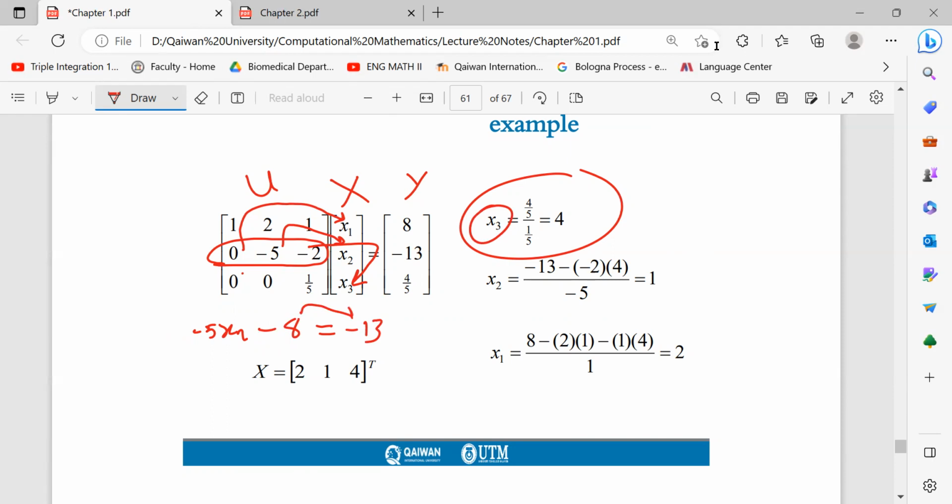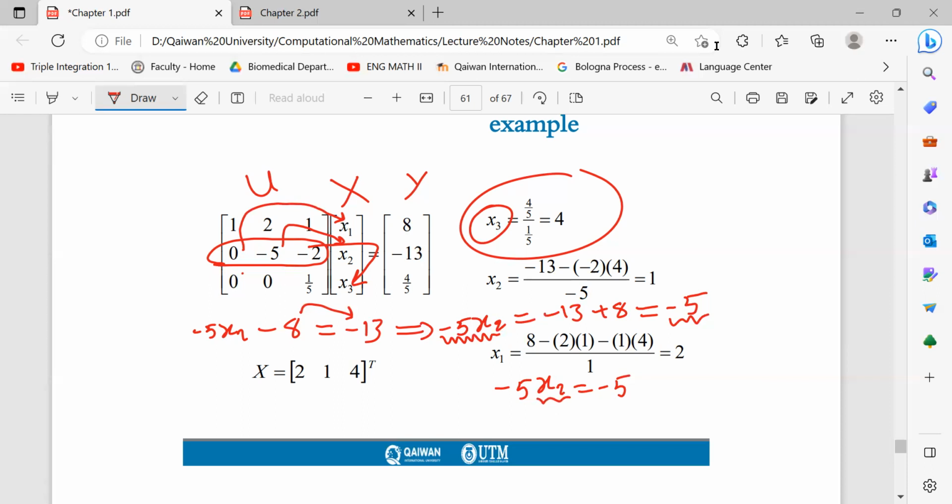Now, we move this to the other side. If we move it there, we get minus 5x2 is equal to minus 13 plus 8. What's minus 13 plus 8? It's minus 5. That means minus 5x2 is minus 5.